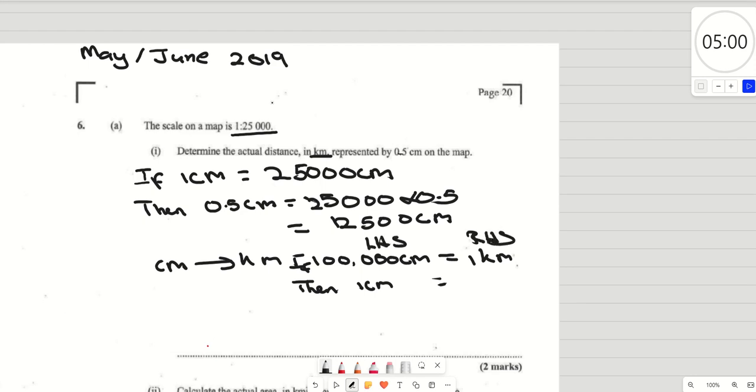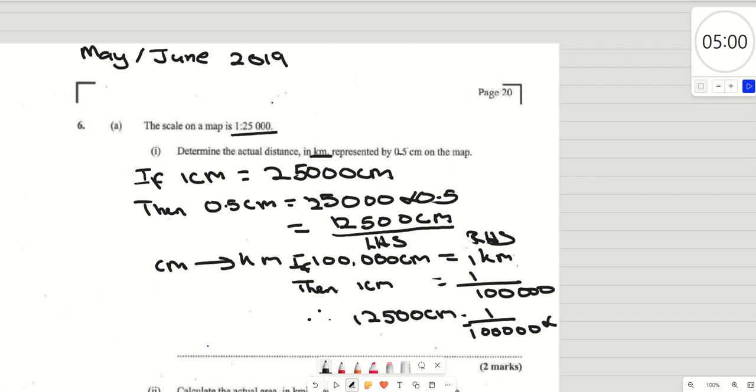Your if line is what is given or what you know. Your then line is to find for 1, which is 1 over 100,000. And therefore, you want to find for this amount, the 12,500 centimeters. It's 1 over 100,000 multiplied by 12,500.